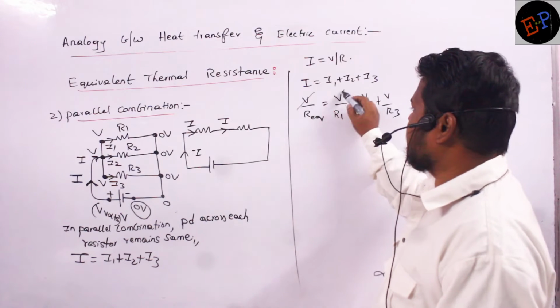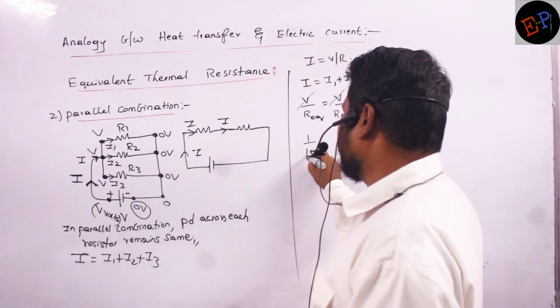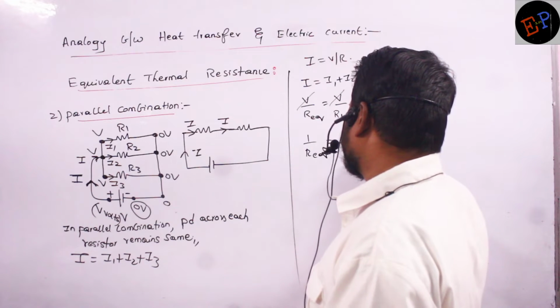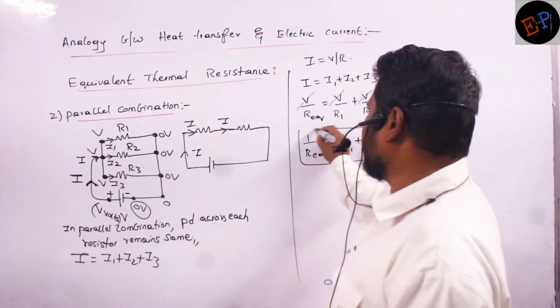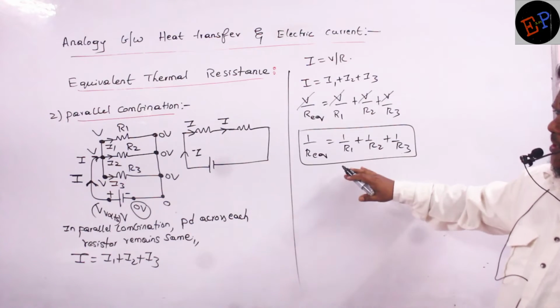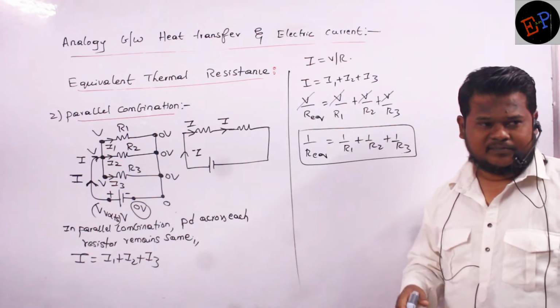Potential differences are the same across every resistor, so you can cancel them. So what is the answer I got? 1 by R equivalent is equal to 1 by R1 plus 1 by R2 plus 1 by R3. This is the relation I got for resistors in parallel combination. And exactly the same relation I can use in parallel combination of rods also in heat current. Understood, no?